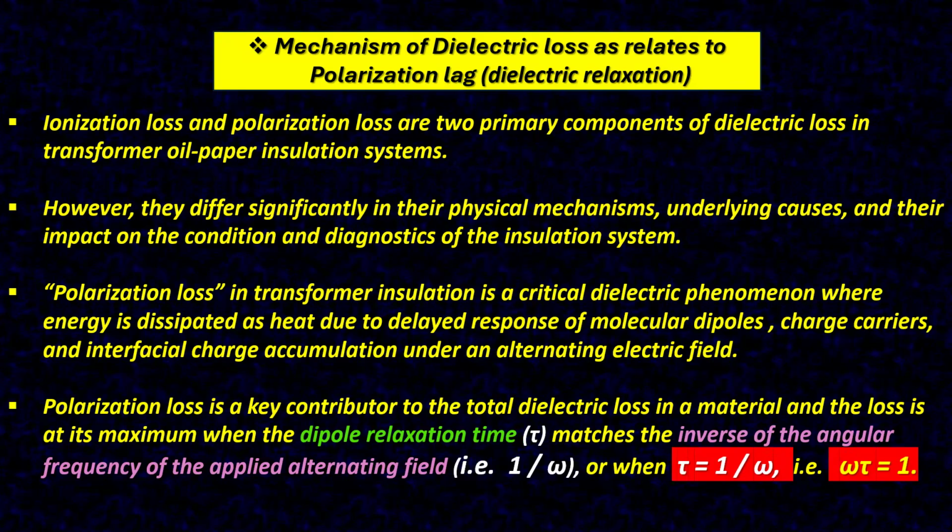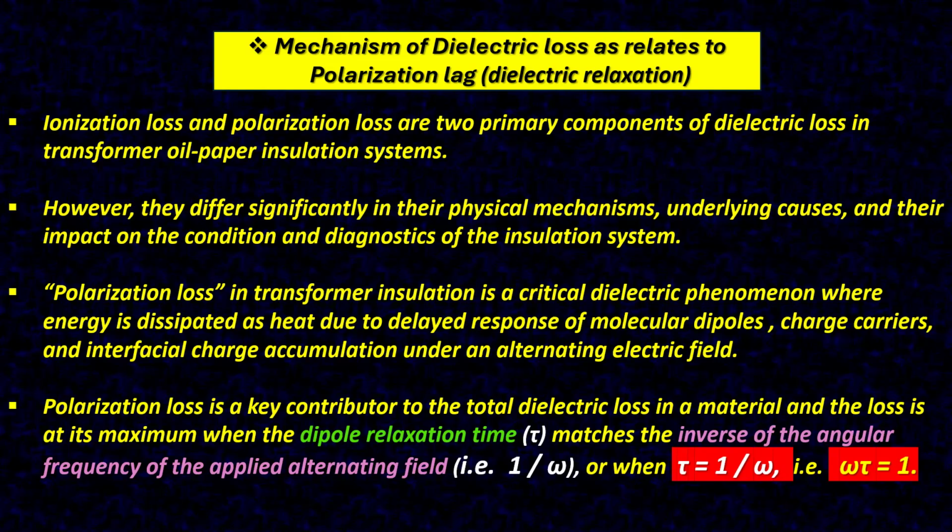Mechanism of dielectric loss as it relates to polarization lag, that is dielectric relaxation. Ionization loss and polarization loss are two primary components of dielectric loss in a transformer oil paper insulation system. However, they differ significantly in their physical mechanisms, underlying causes, and their impact on the condition and diagnostics of the insulation system.